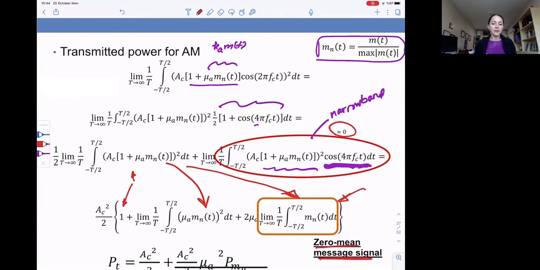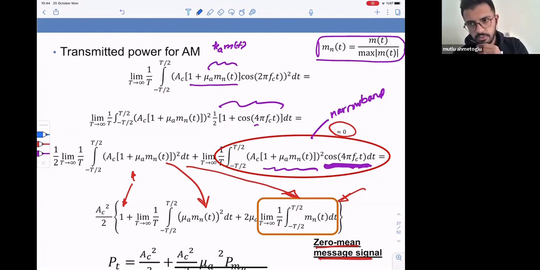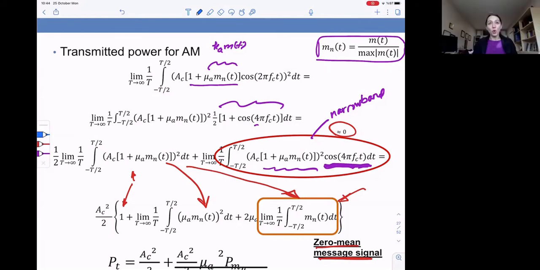You might ask, are we allowed to assume that the message signal has 0 mean? What is your answer to that? How would you answer that if someone asks, is it okay to assume that the message signal has 0 mean? No, in general, no. Well, in principle, no, but if you think about it, why would you transmit a DC?